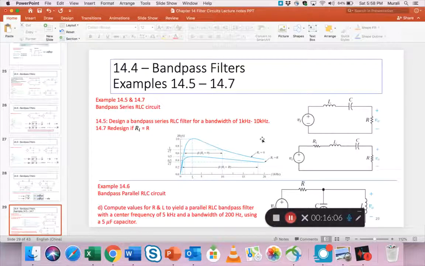Let's now take a look at 14.6. Example 14.6 is on page 555 in my textbook, and this is to design a parallel RLC bandpass filter. He derives the equations for the center frequency, the bandwidth, the corner frequency, the quality factor.